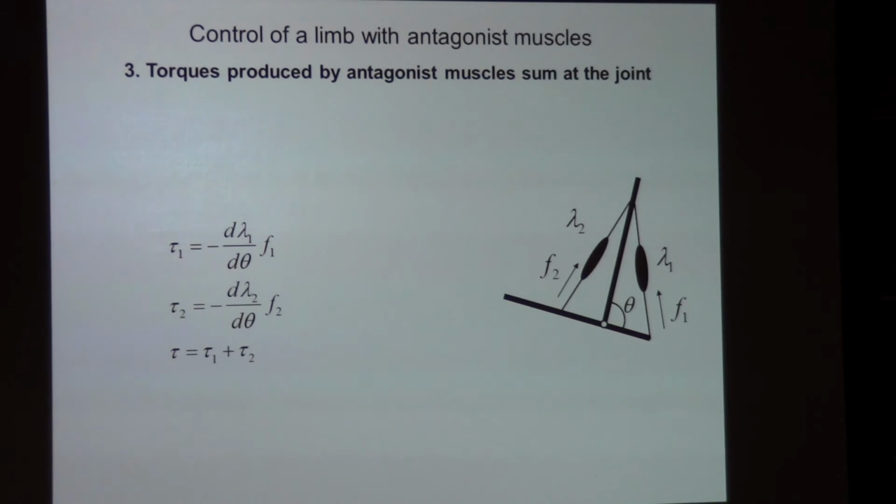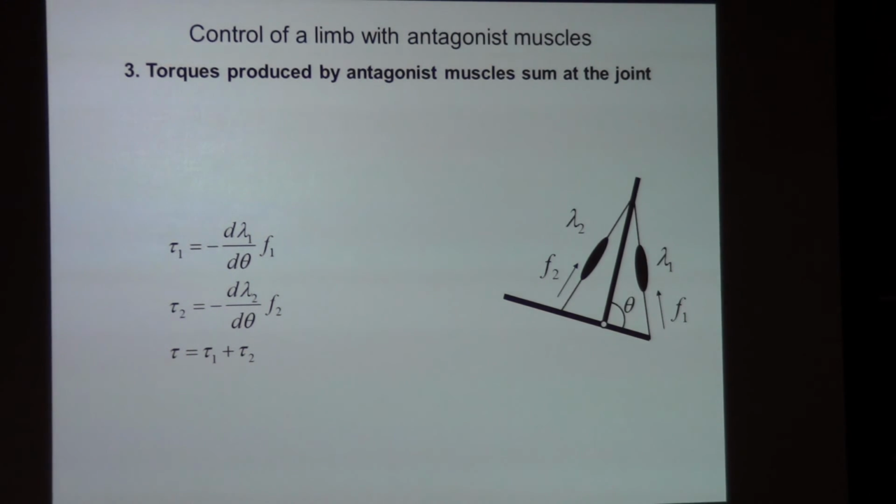To compute the torque generated by these two muscles, you take the torque generated by this muscle, called tau 2, and the torque generated by this muscle, called tau 1, and you add those two to get the torque generated by the sum of the forces. So if I have force F1 and force F2, by multiplying them by these Jacobians, I can compute their torques, and then I add them and get the sum total.